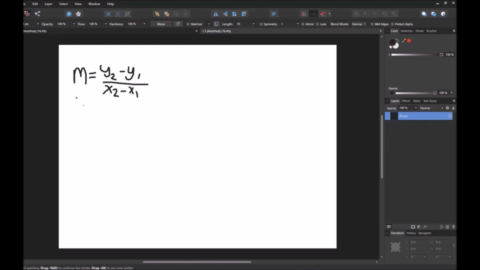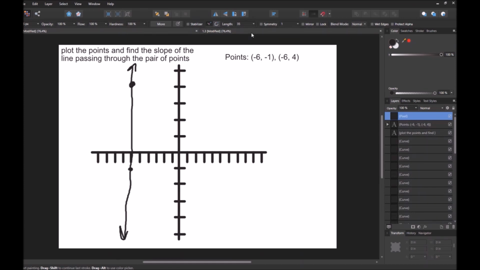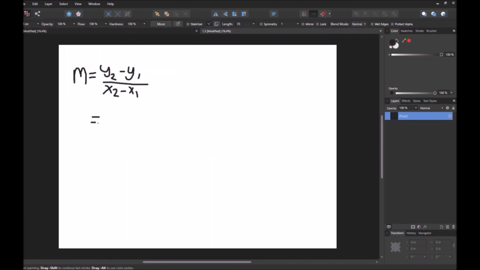So in order to do that, we're going to use our slope formula, y2 minus y1 over x2 minus x1. Well, our y2 is 4 and our y1 is -1, so we're going to do 4 minus a -1 over -6 minus a -6.